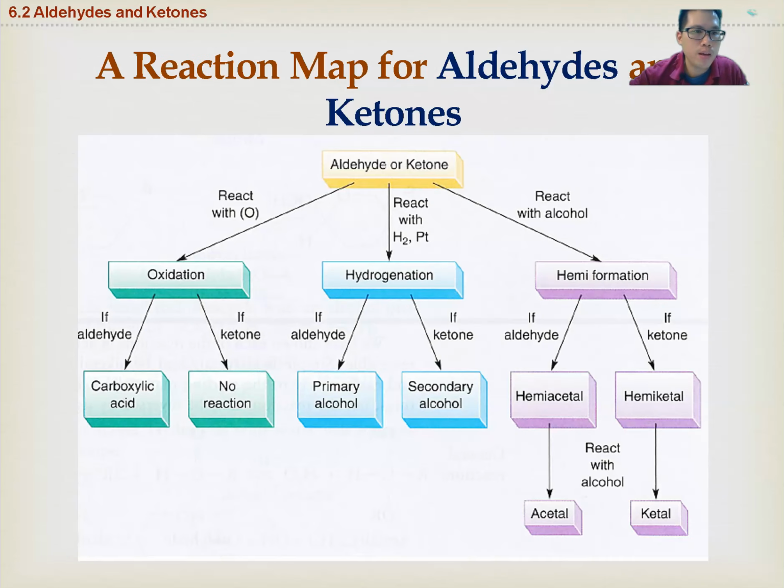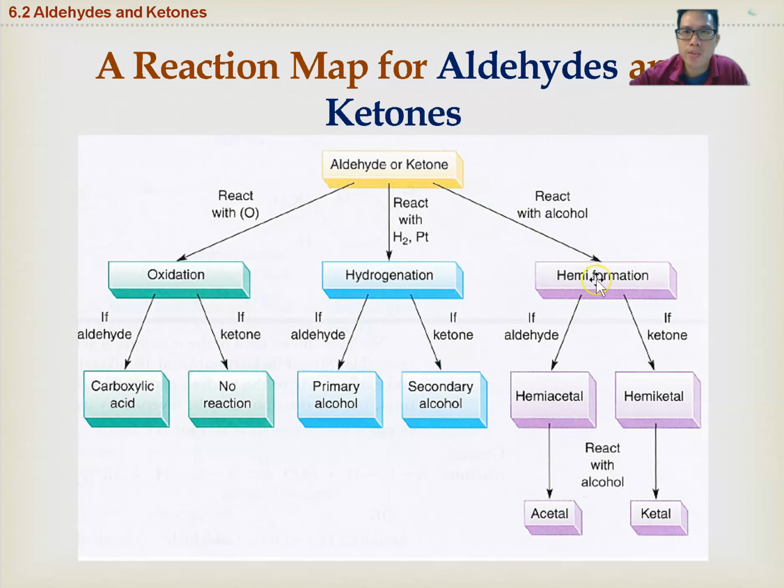As a summary, the aldehyde can be oxidized to form carboxylic acid, whereas the ketone cannot be further oxidized, but you can reduce it. Aldehyde can be reduced to primary alcohol, and the ketone can be reduced to secondary alcohol.